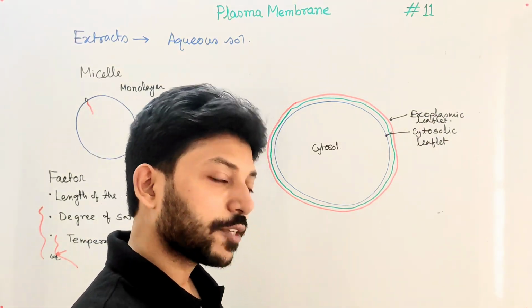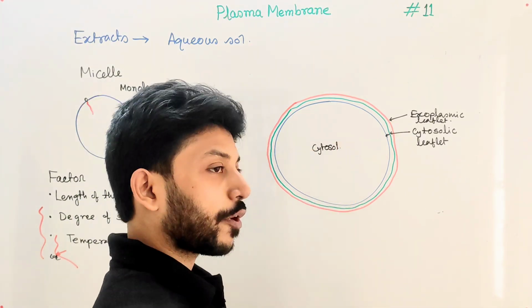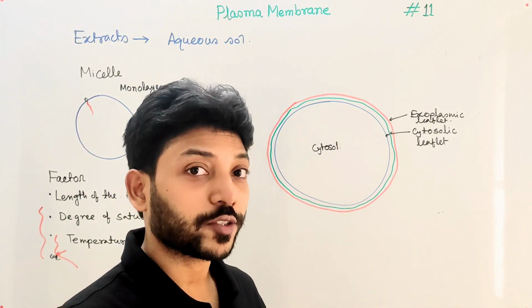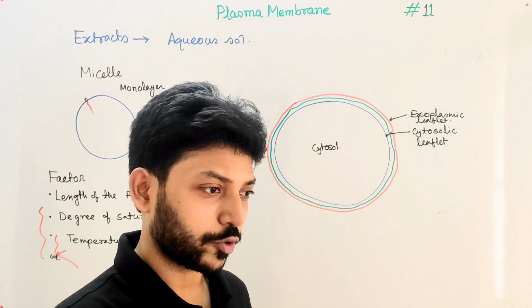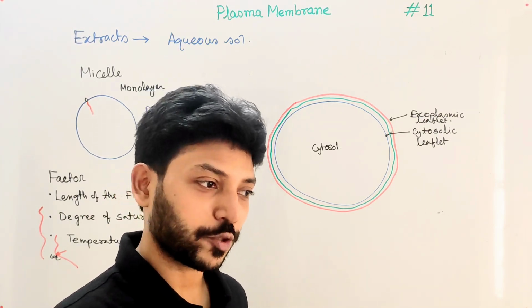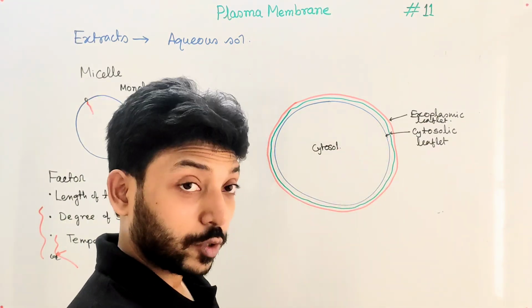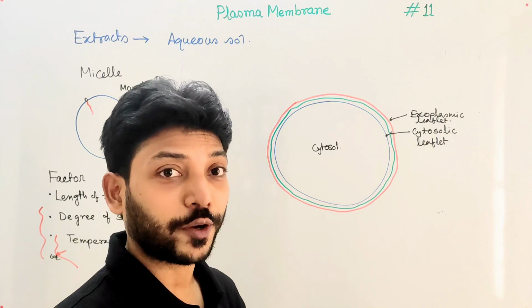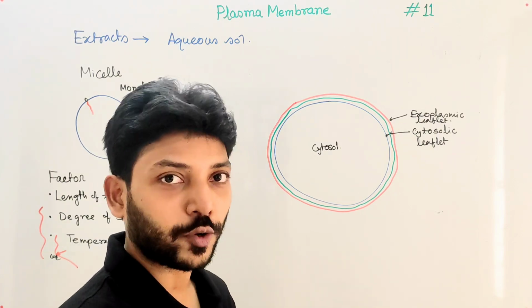Now, in my basic facts on the plasma membrane, I have discussed that in eukaryotic cells, there are many intracellular organelles like the nucleus, endoplasmic reticulum, Golgi bodies, endosomes, lysosomes, peroxisomes, mitochondria, and chloroplasts. These are all intracellular organelles, and they are also surrounded by membranes, and we do not call these the plasma membrane, just biomembranes or membranes.